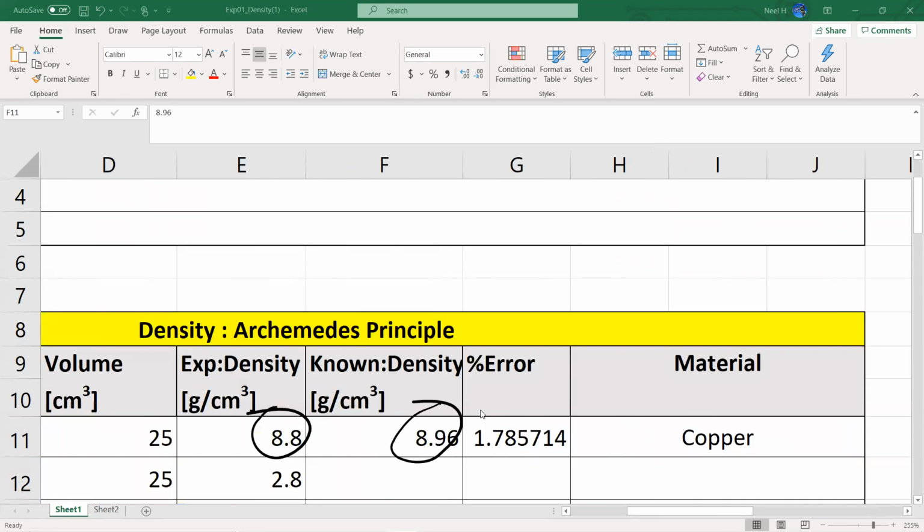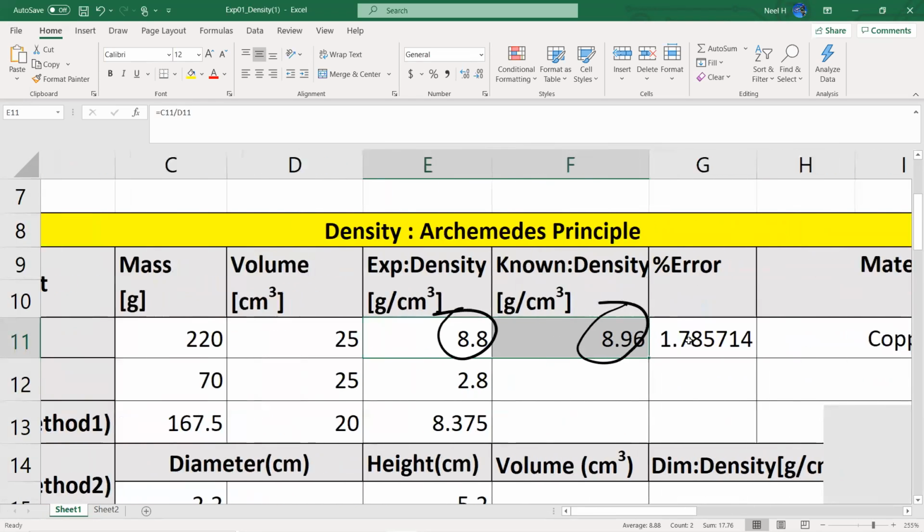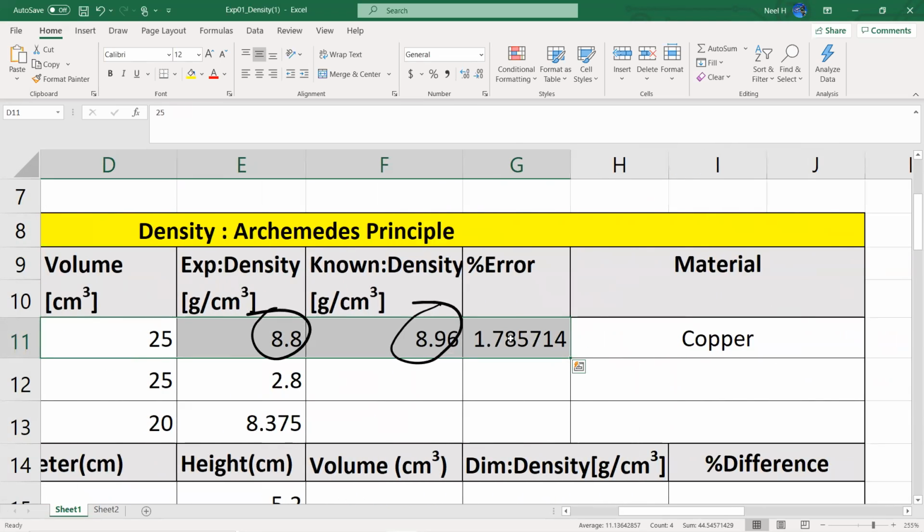You have a calculated value, you go to the table and look at what numbers are known, then you compare those two to see how much different they are. If you have a very small percentage error, in this case we are getting like 1.7, that's a very small number. So these two numbers are very close to each other, and we have a very good idea of what material this padlock is made of. That's the experimental objective we're working on.